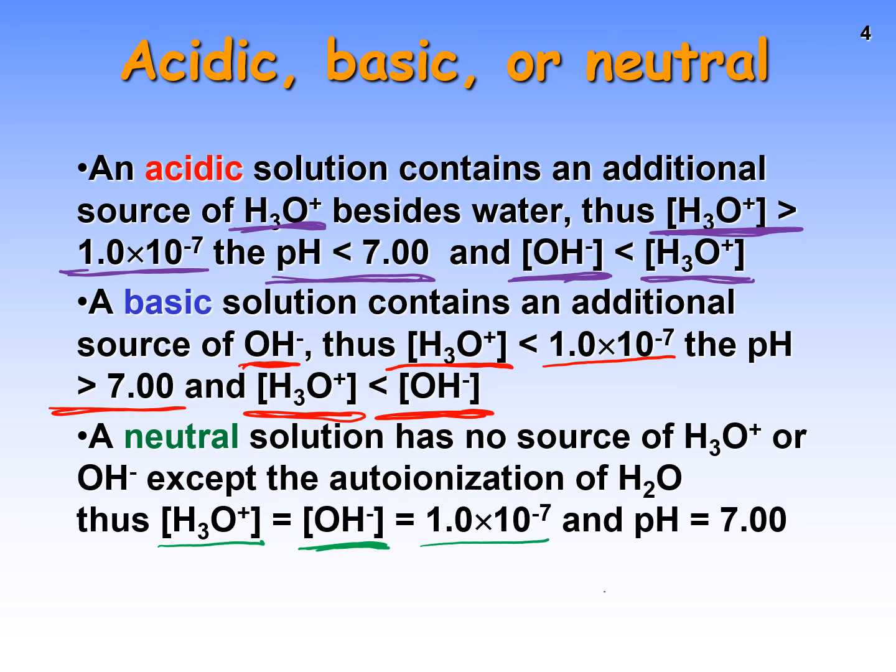And the pH for a neutral solution at 25 degrees Celsius is 7. The pH of a neutral solution is actually temperature dependent, because Kw, which is an equilibrium constant, is temperature dependent and changes, and therefore the pH of a neutral solution changes with temperature as well.